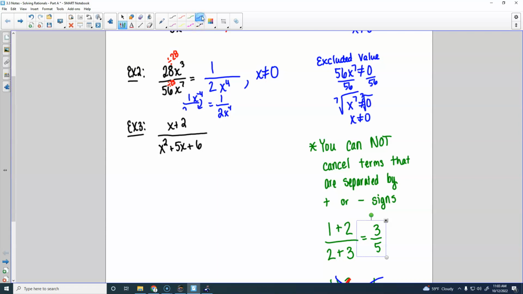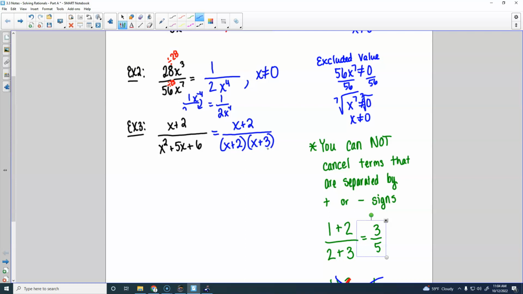Yes. And let me show you why it's okay to do that, where it's not okay to cancel here. So, Caleb's a step ahead. He's factoring this. He's getting X plus 2 over X plus 2 times X plus 3. Okay? Now, I do need to do excluded values.